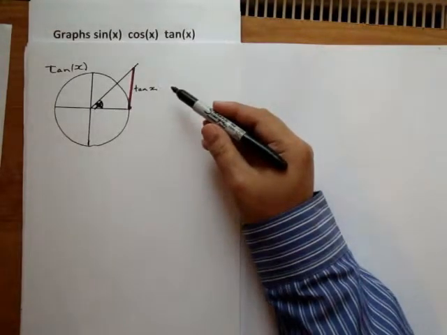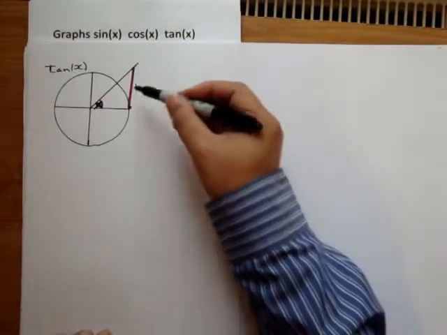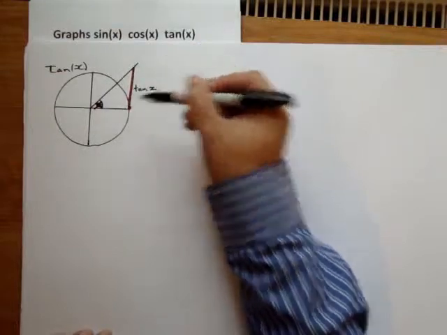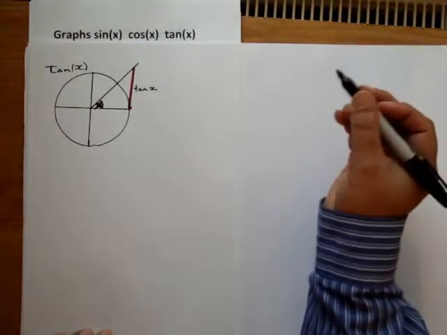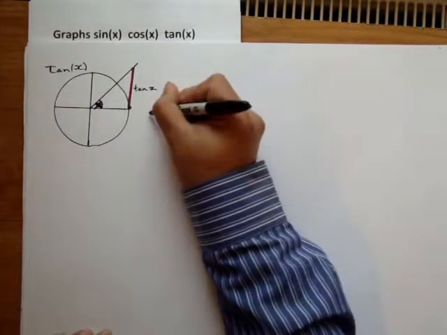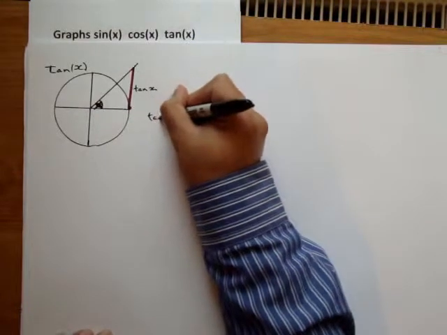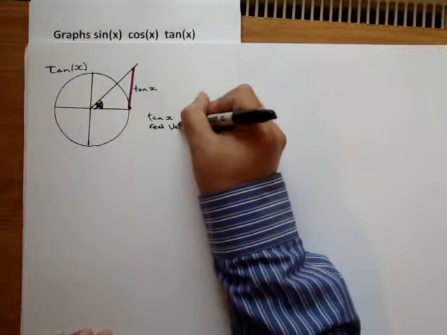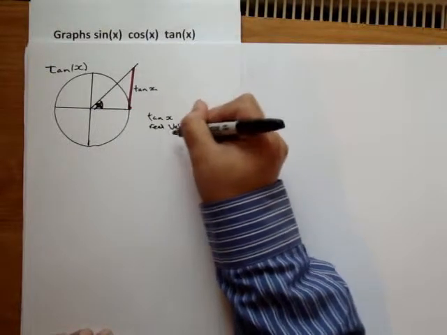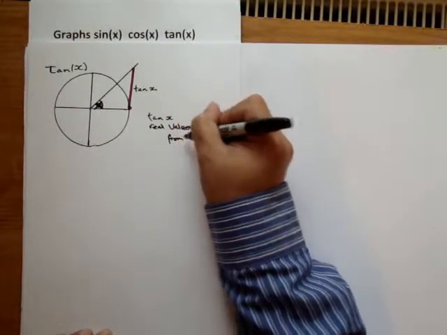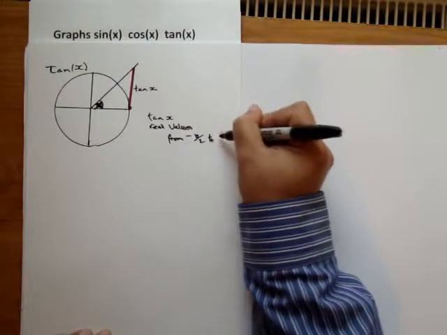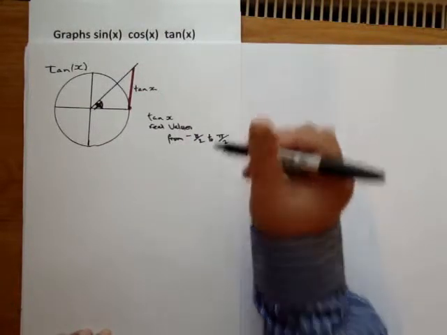When we talk about tan x and the unit circle, tan x is represented by this line, and tan x has real values from minus pi over 2 to pi over 2.